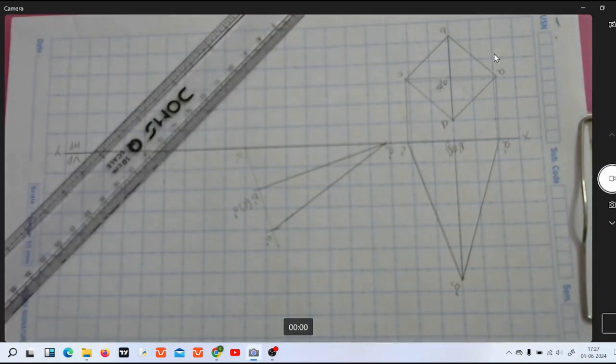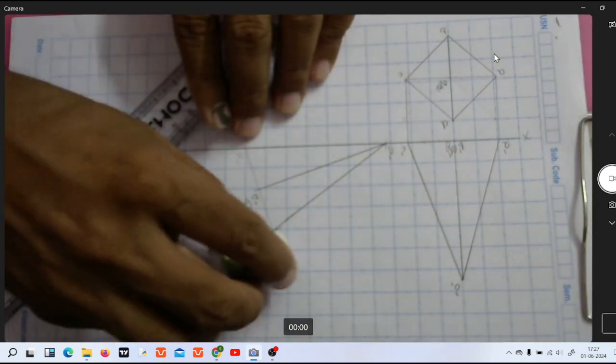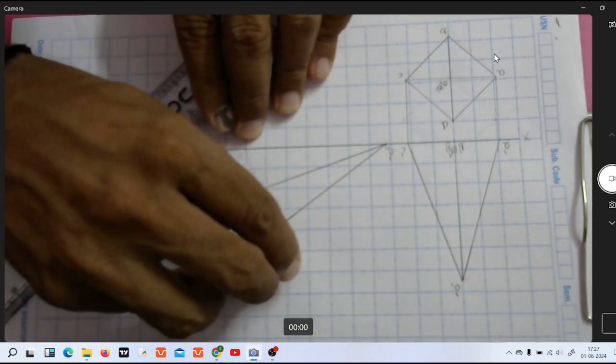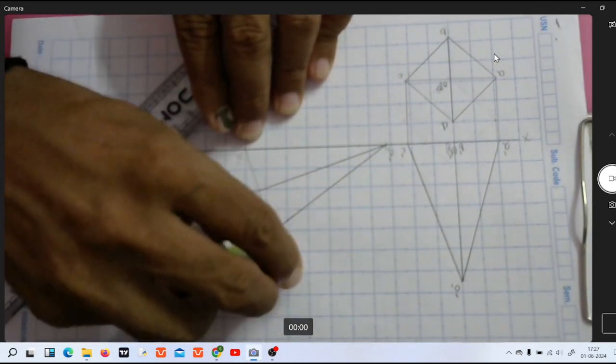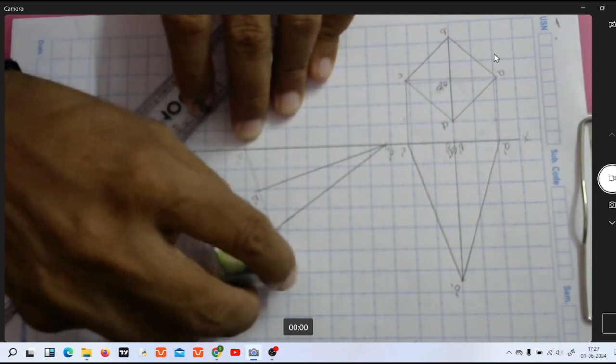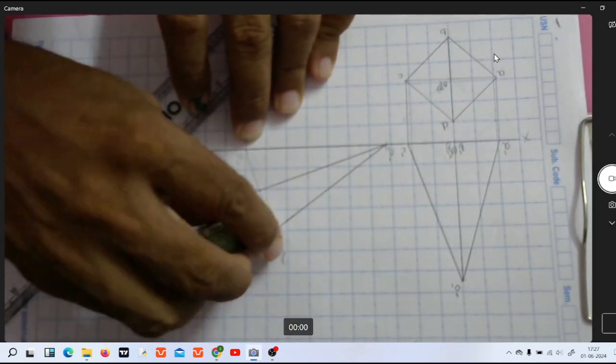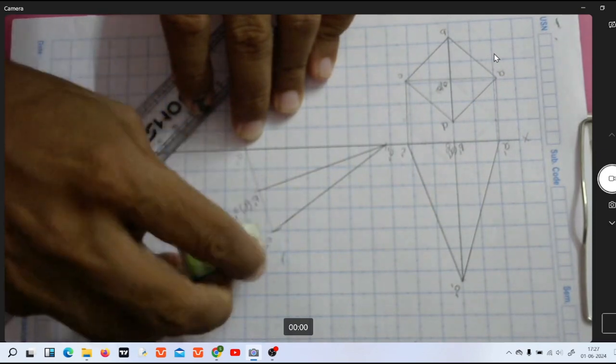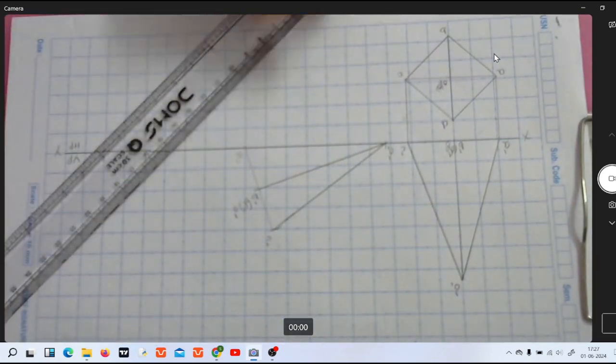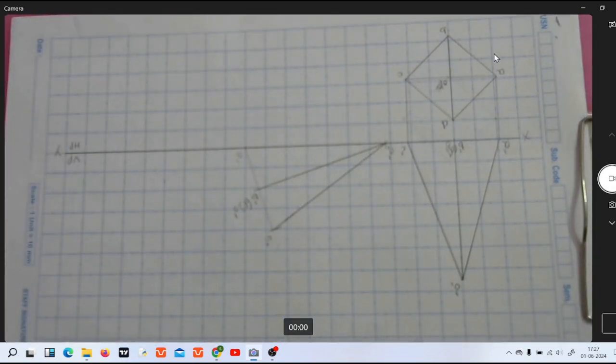So now this is the change of position of the front view, in which the slant edge AO1 is resting on HP and the triangular surface containing that slant edge becomes equally inclined with HP.